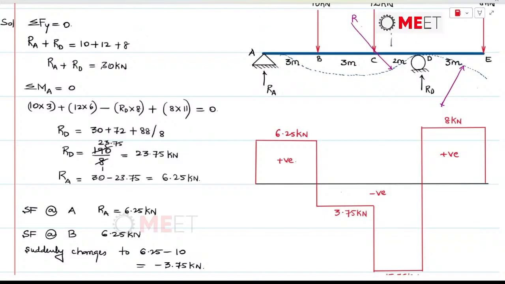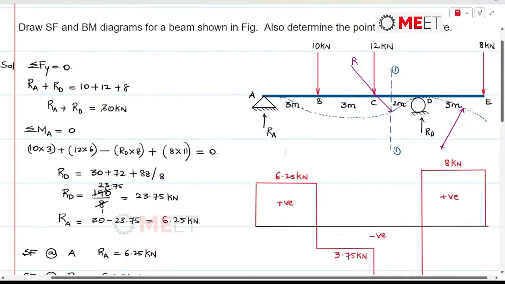So what we can do is draw a section like this, and after drawing section XX or section 1-1, you could consider the forces on the right hand side or on the left hand side. If you consider the forces on the left hand side, it has RA, 10 and 20, so three terms you have to write.